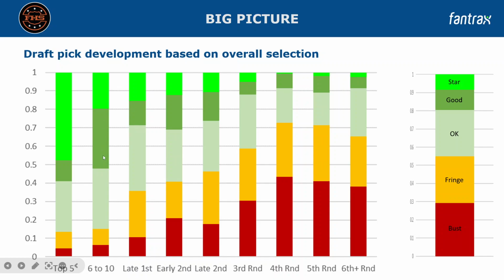So looking at the difference between the top two tiers for the first 10 picks and the later first round, you see that the later first round picks aren't that much more valuable compared to the early seconds, for example. Of course, you see the gradient, the decrease in value, but the difference is a lot less than compared to the top 10 selections.